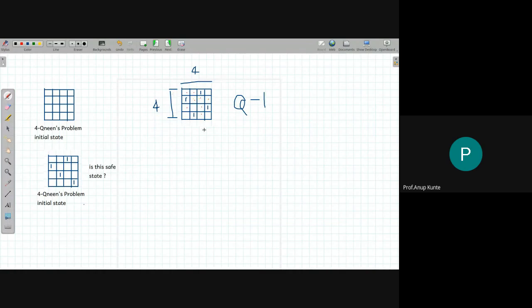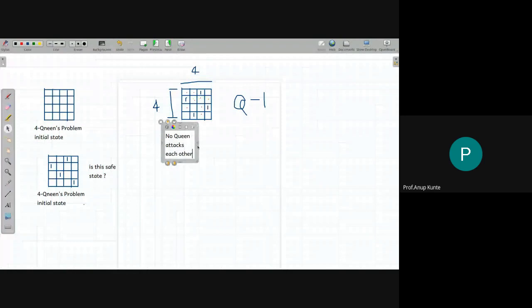Even this queen, if you check, is going to attack only those cells where there is no queen placed. So in a way, what we have in this configuration, I can describe in English as: no queen attacks each other.